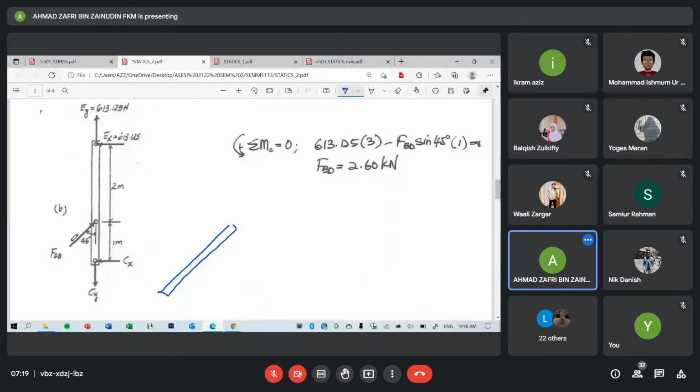Let's call it PBD, the internal force. This is what we need to input in the formula, this value here. It's not the external force, although the internal depends on the external. If you want to input the value in the formula, we need the internal force. So in this case, the internal force is equal to 2.6 kilonewton.